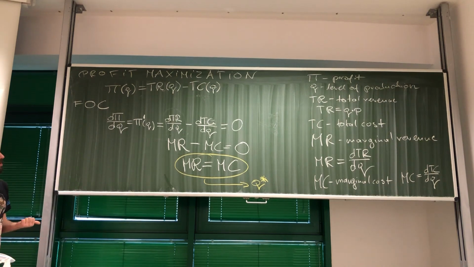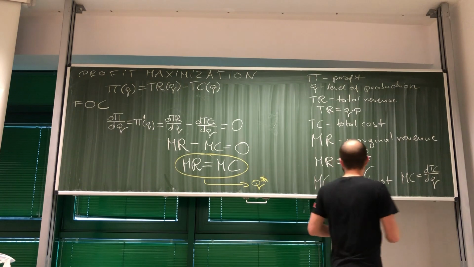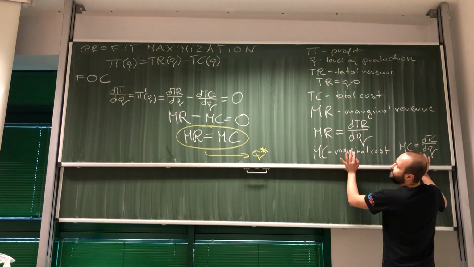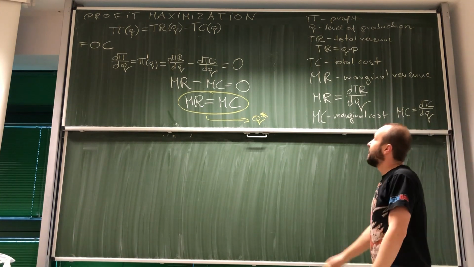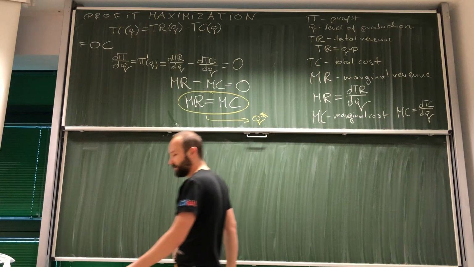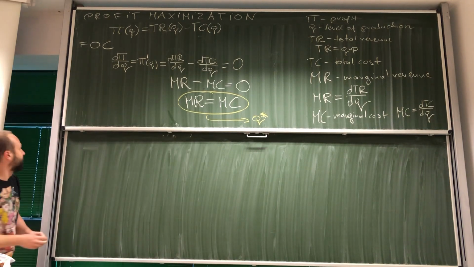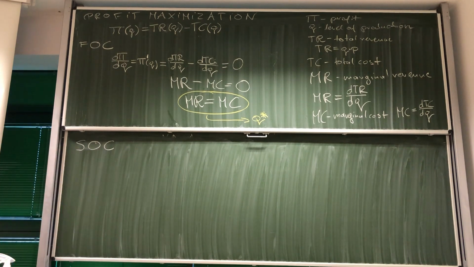So now, in the second part, we need to decide whether we found a maximum, a minimum, or maybe an inflection point. And this is what we're going to do right now. How are we going to do it? Well, we're going to simply use the second order condition.